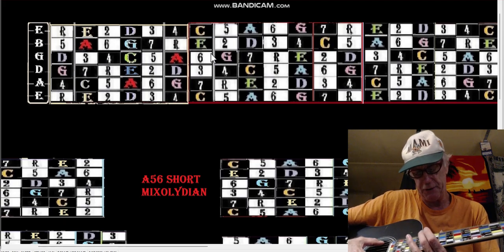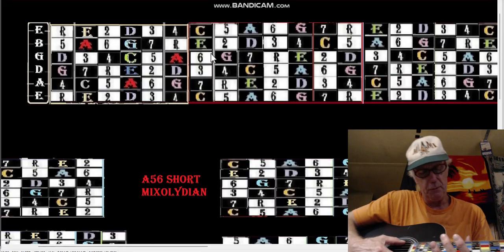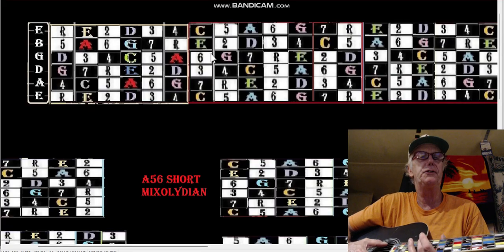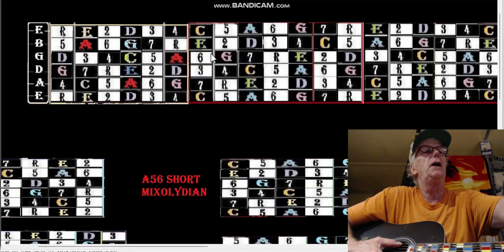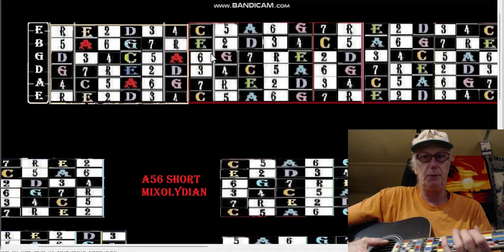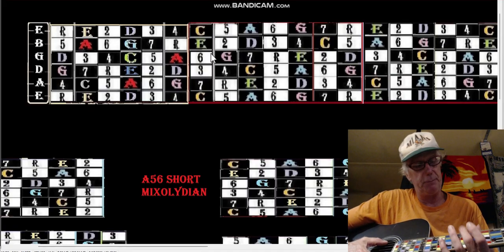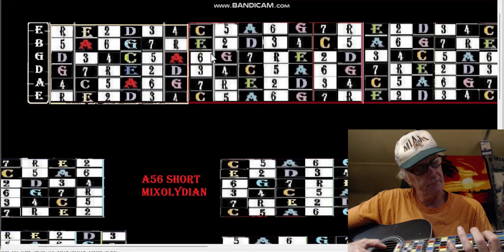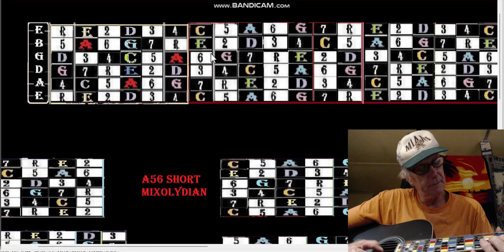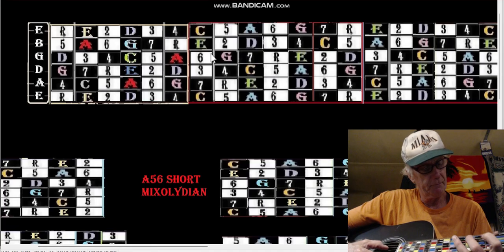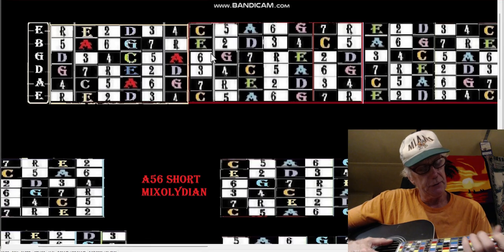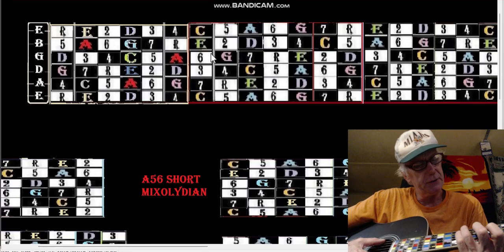Okay, try that one more time. We're going to start not on the 2, we're going to start on the 6. So that's why that didn't work, but it sounded not bad. There it is. So here's our C minor shape.